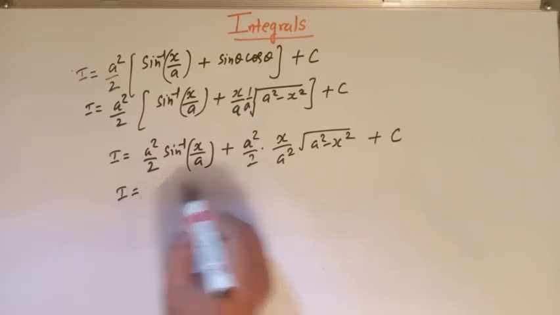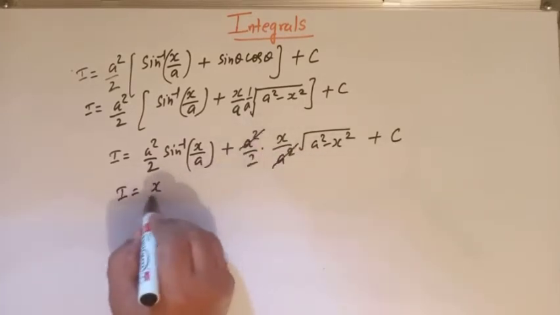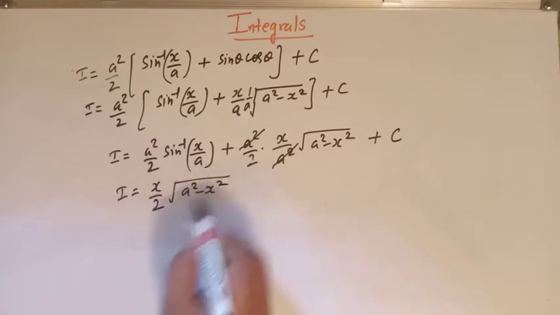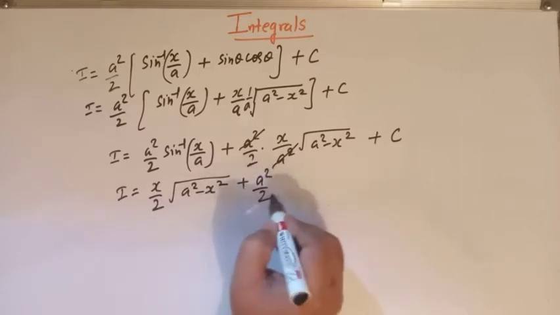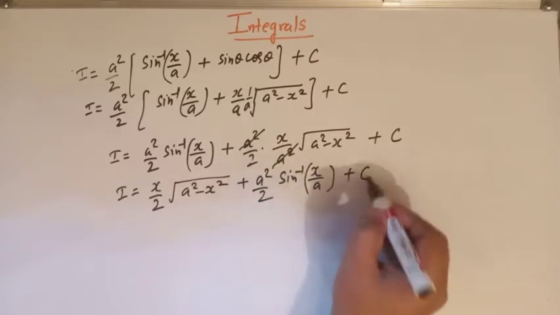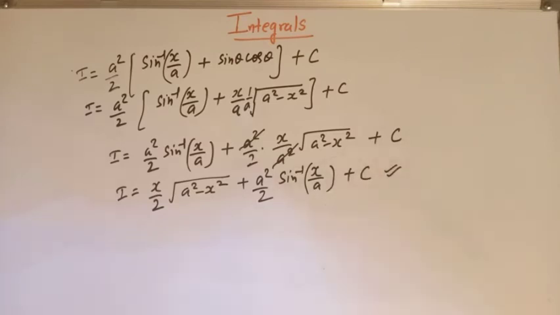Here a square cancels, and we have x over 2 times square root of a square minus x square plus a square by 2 sine inverse x over a plus c. Clear? Yes, this is the required formula. Similarly, we can derive the first and second integrals by using the substitution method. Clear? Now let us take some problems based on these three standard formulae.